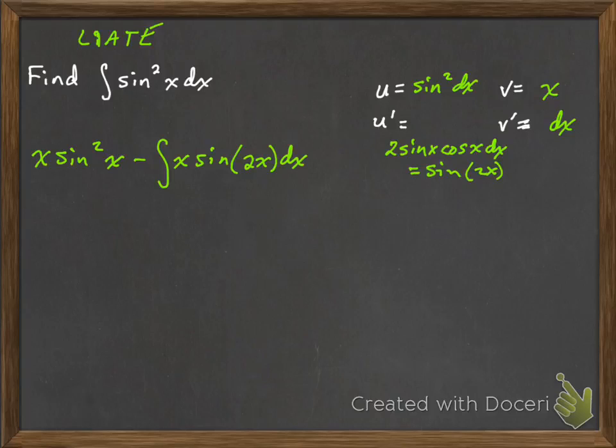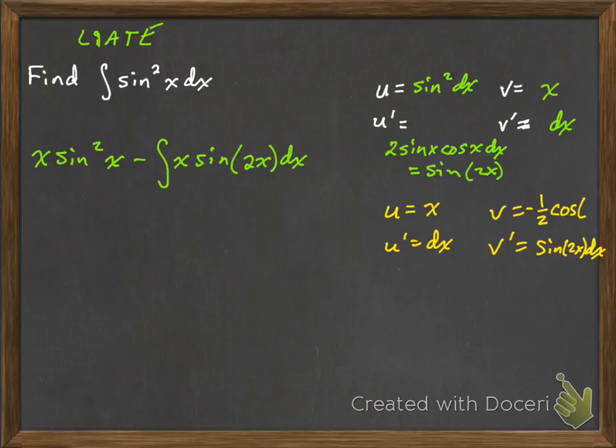All right, so doing integration by parts again, we have u, v prime, where u is x this time, and its derivative is dx. This will be sine 2x dx, whose antiderivative is negative 1/2 cosine 2x.